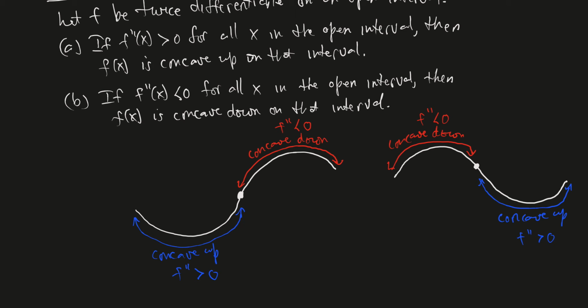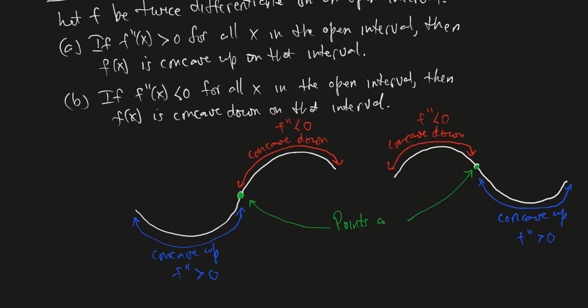And the points at which that occurs, so now let me indicate it there, points at which the concavity of a function changes, these are called inflection points, right? So let me write that here.